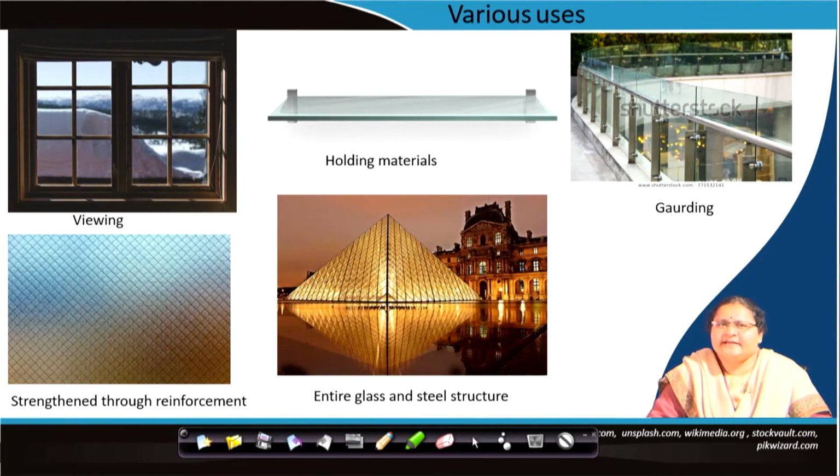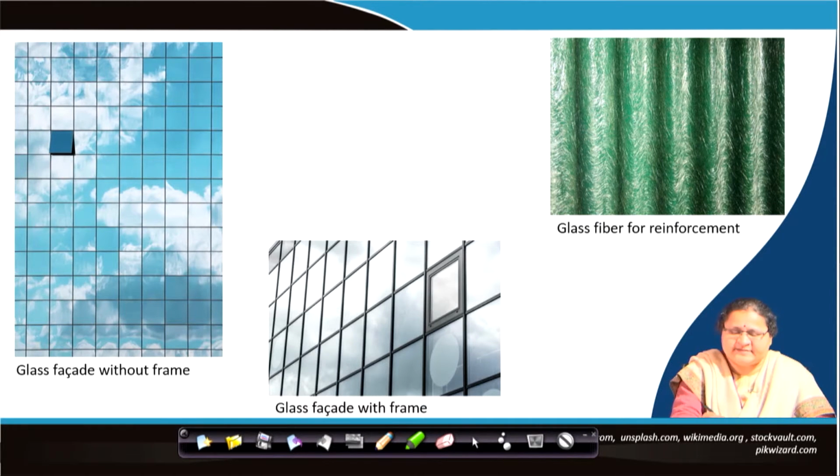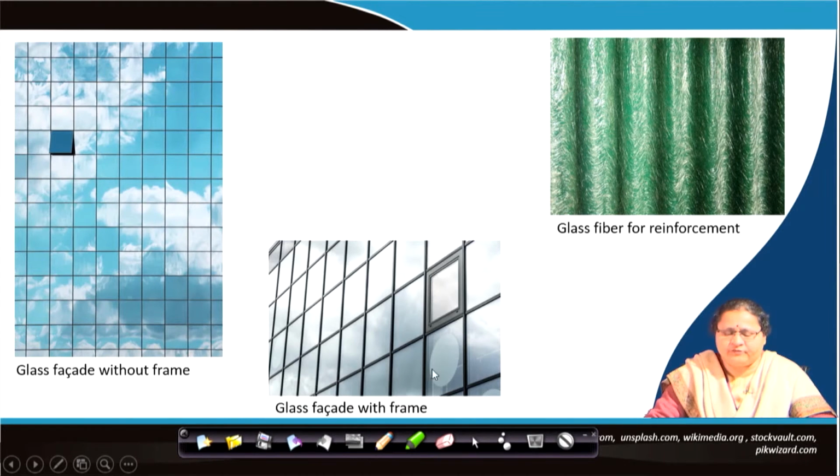You can see the entire glass and steel structure in front of the Louvre Museum. This is also a display of glass. We come to see glass facades without frame, and glass facades with frame. So, glass has been put inside a framing system. In the picture here, you can strongly see the frame lines, a portion of which is openable.